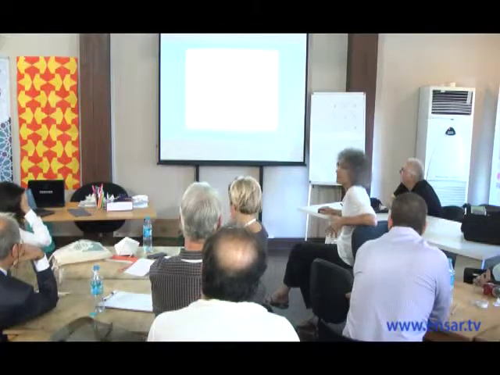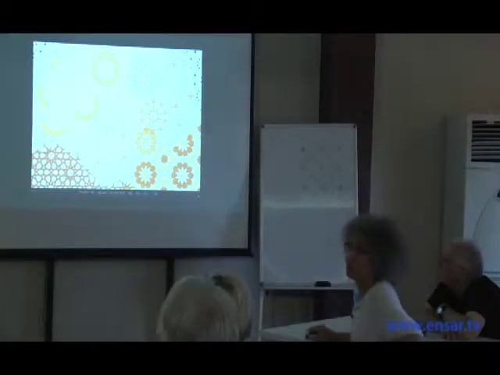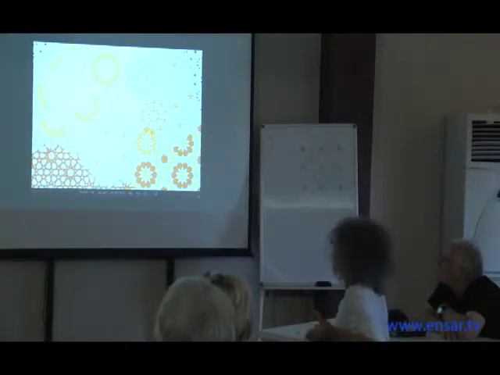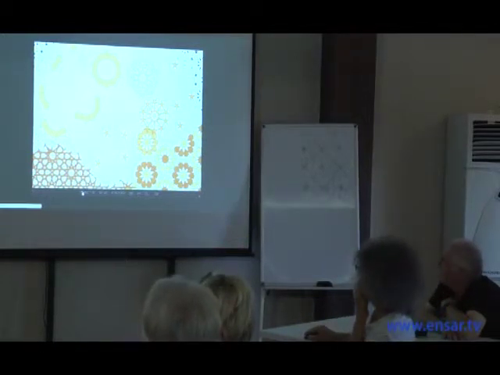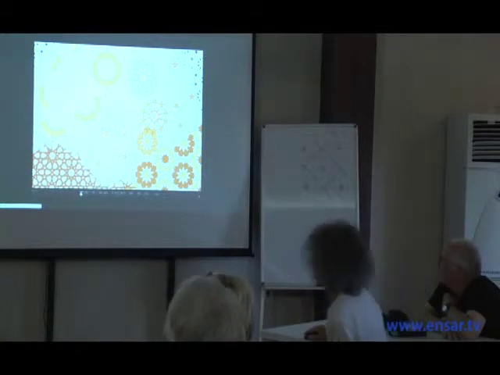Okay, pentagonal, that's a way to go from simple shapes, pentagon, to this famous tenfold pattern, the very famous, you can find it everywhere. Or another way that is quite similar.